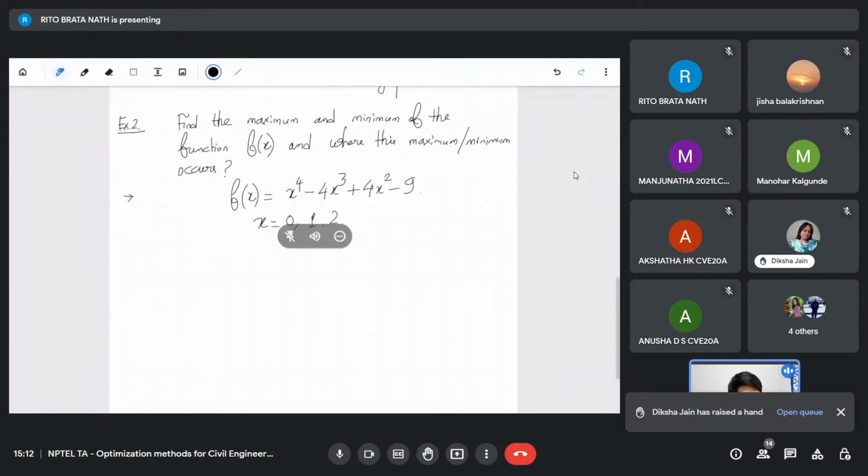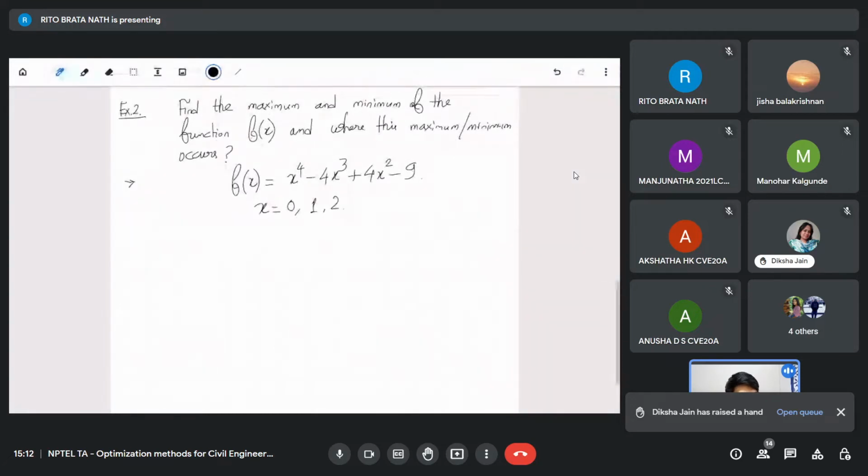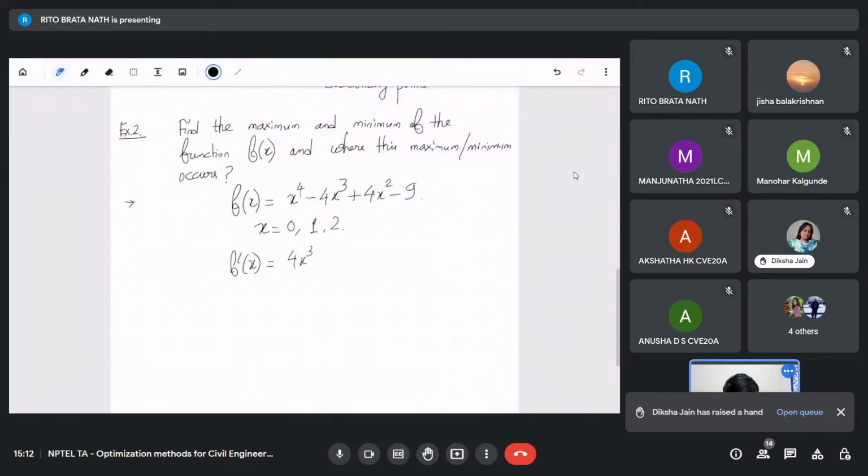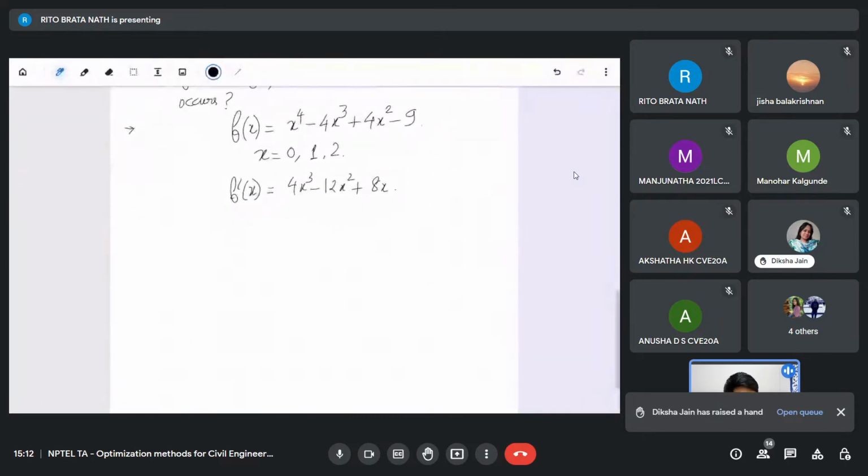We need to get the second derivative of the function, as Diksha mentioned. Now f prime x was 4x cubed minus 12x squared plus 8x. If you find the second derivative, it will be 12x squared minus 24x plus 8.